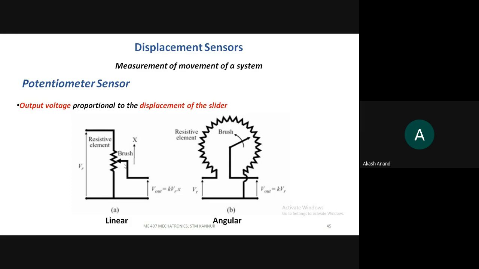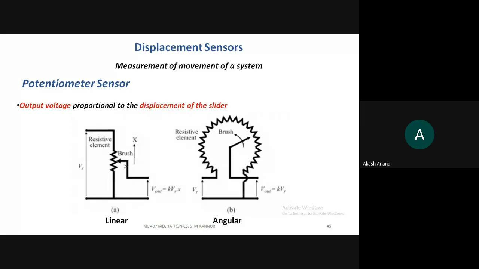That is nothing but the output voltage being proportional to the displacement of the slider. There are two types of potentiometer sensor. One is used for measurement of linear displacement, and the other is used for the measurement of angular displacement.